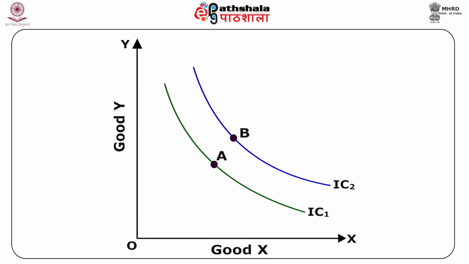This is because the combination B contains more of both commodities X and Y than the combination A. Applying the assumption of non-satiety, the consumer must prefer B to A. Now, using transitivity assumption, it can be said that the consumer will prefer any combination on IC2 to any combination on IC1. We therefore conclude that a higher indifference curve represents a higher level of satisfaction. Now you can see figure 10.